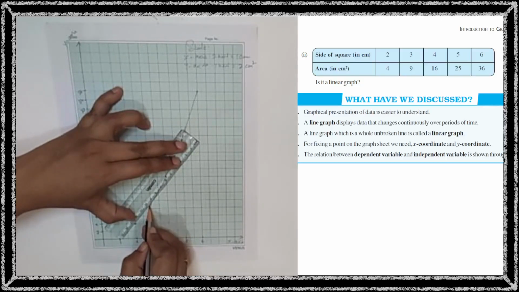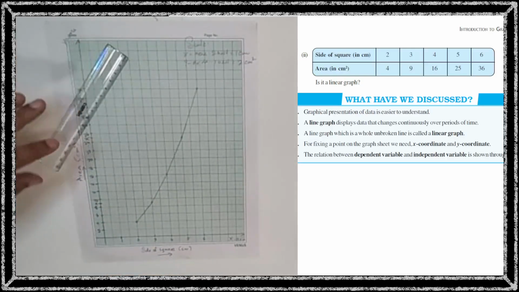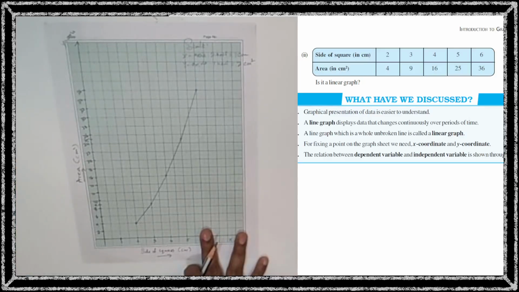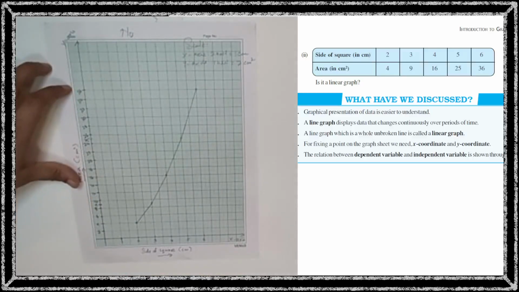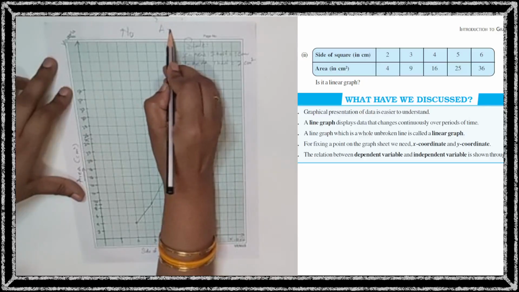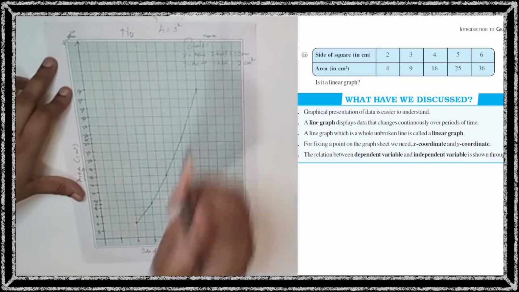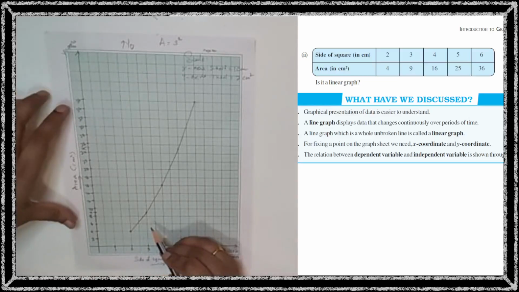I have to tilt it further, right? And if I extend it, it's not meeting the origin. So here you will say that the graph is not a linear graph. And in fact, it is clear from the fact that you know that the area of a square is side into side, okay, which is a quadratic relation. It is not a linear relation. So your graph is also not linear.